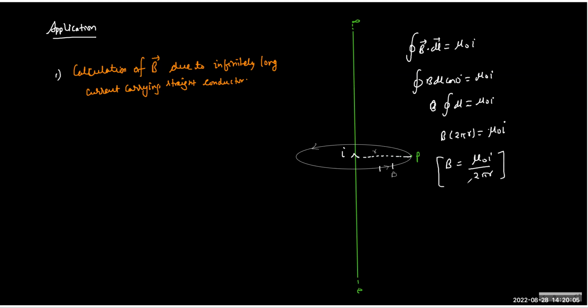So for any infinitely long straight conductor, at any point r away from the wire, the r is always measured from the axis of the wire, not from the surface.